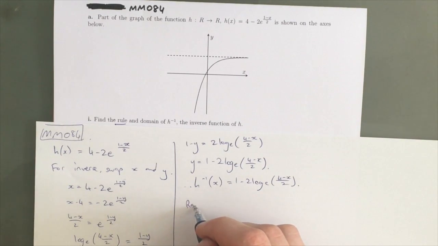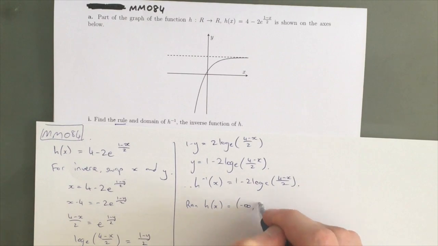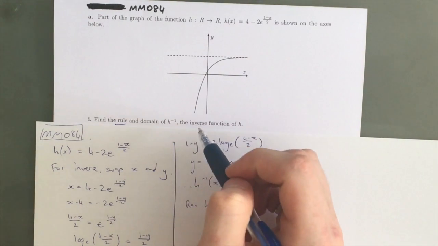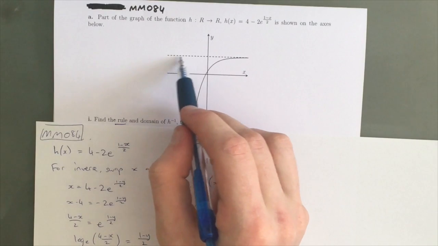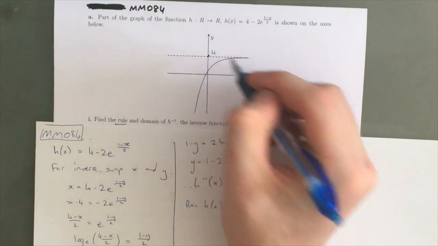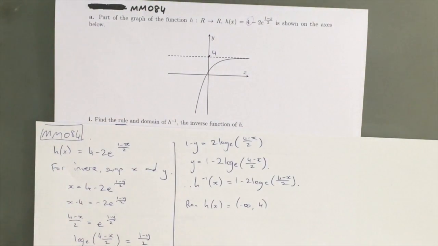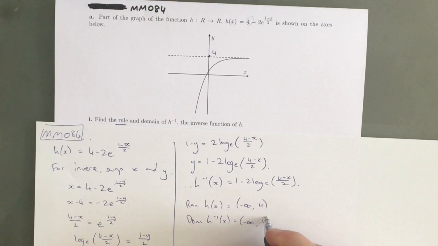So the range of h of x is equal to negative infinity to 4, because this is going down to negative infinity, and this asymptote here is 4, because this 4 is here. Which means that the domain of the inverse of h is equal to negative infinity to 4.